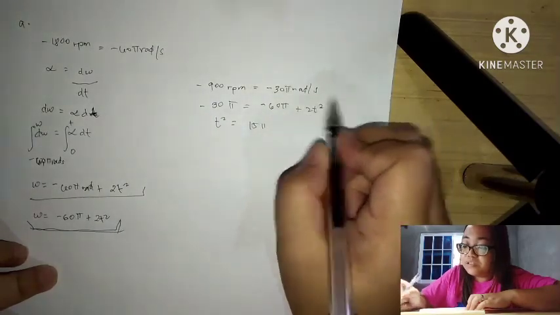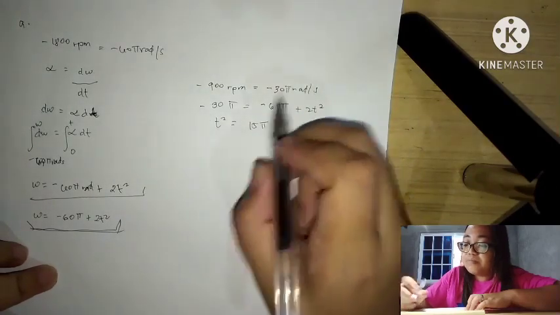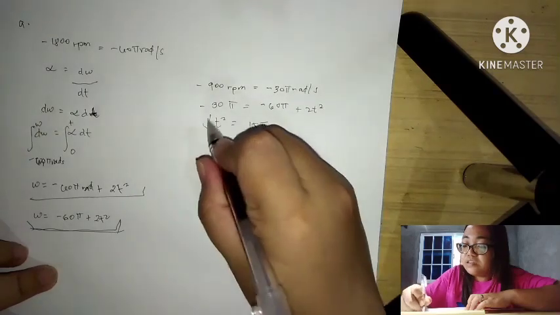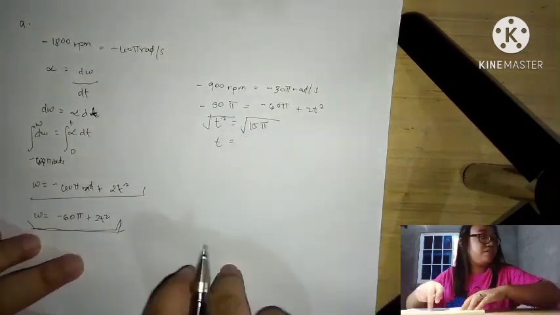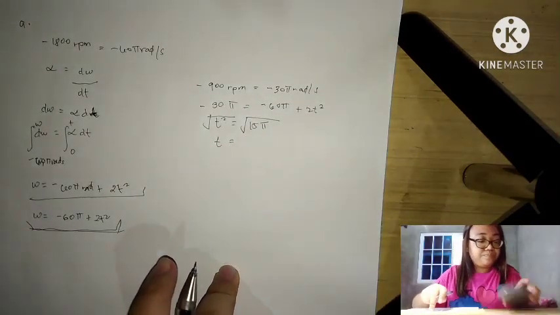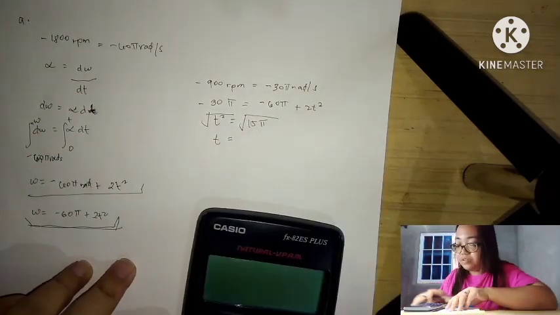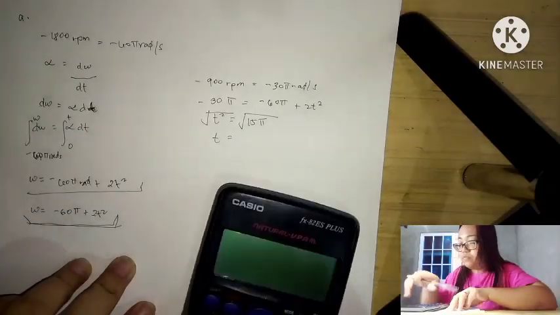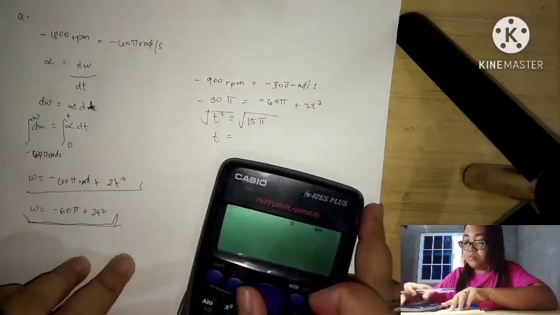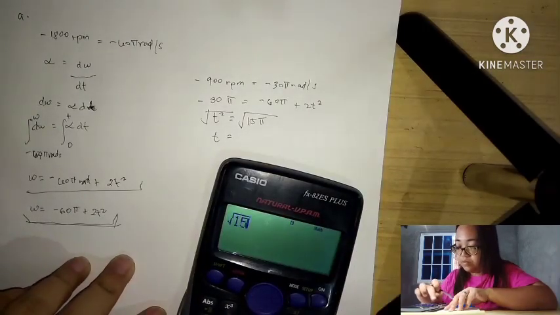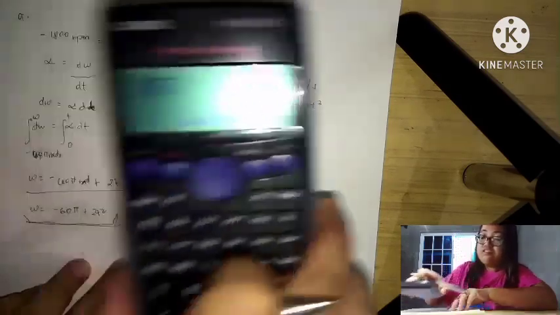I-divide lang dito, tapos 15 pi magiging siya. Then, square root, magiging t, square root ng 15 pi is 6.86 seconds.